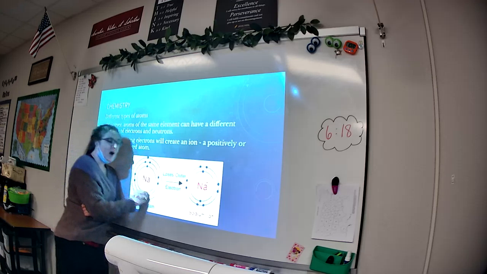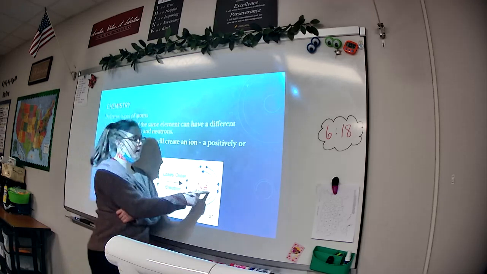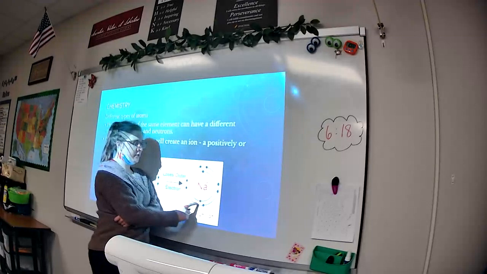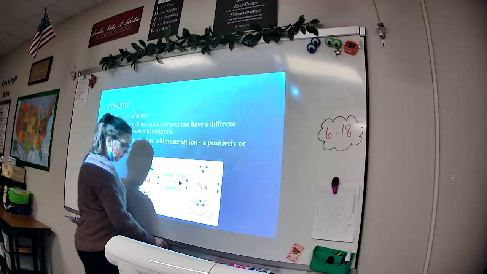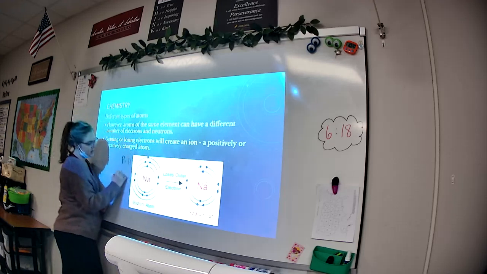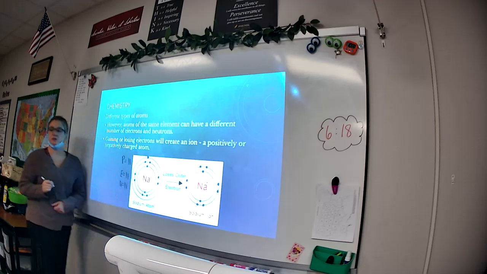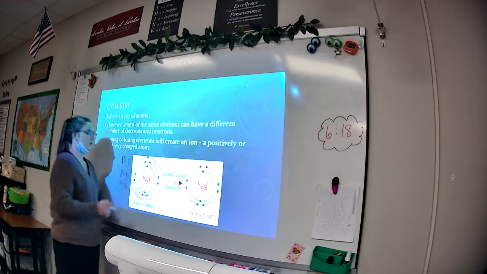A sodium ion, you have 11 protons still, right? But we have 1, 2, 3, 4, 5, 6, 7, 8, 9, 10 electrons. So, here I have 11 protons, 11 electrons, and 11 neutrons. Does everybody see that? You can't see it, but those would be in the nucleus there.